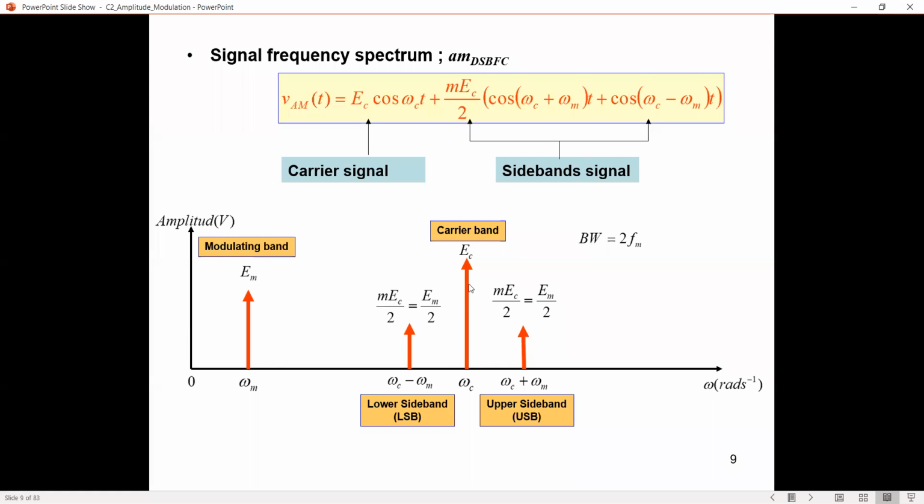So before modulation, we only have EM at omega M and EC at omega C. After modulation, we have new components, the LSB and USB. What happens is that the upper sideband and lower sideband amplitudes will be half. So the EM will become half.